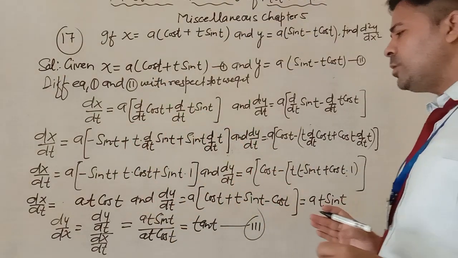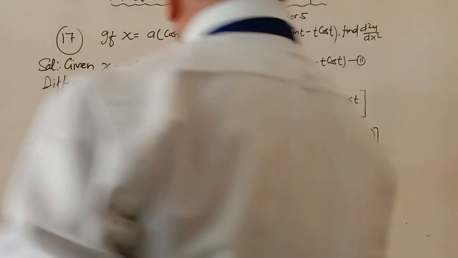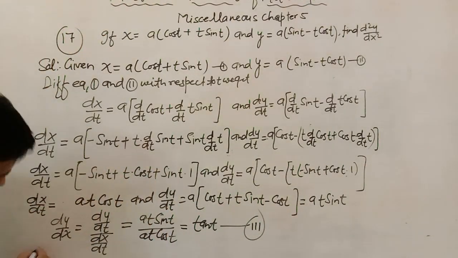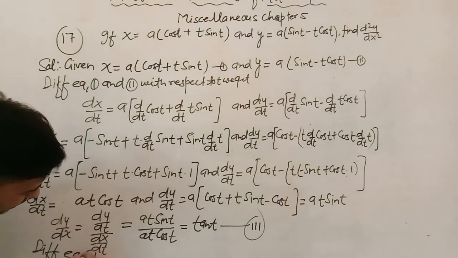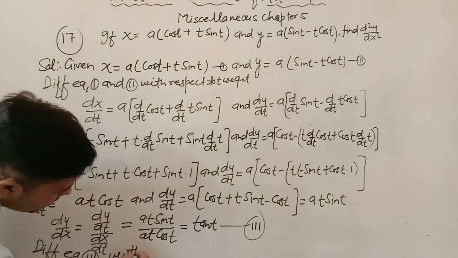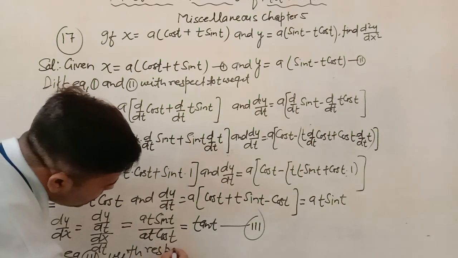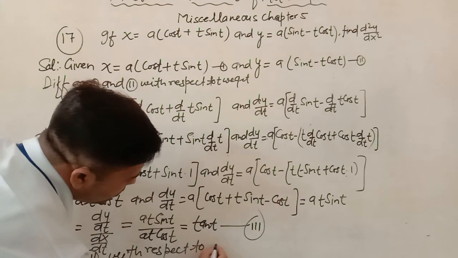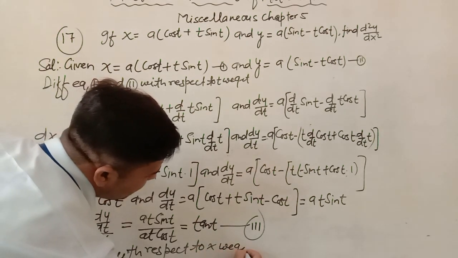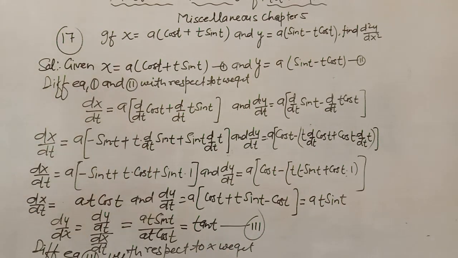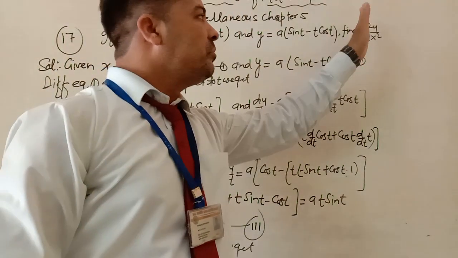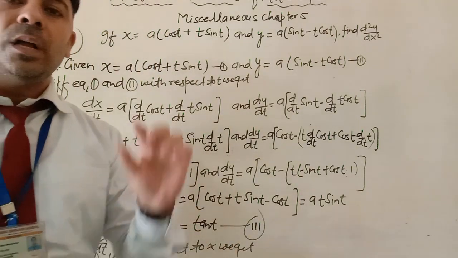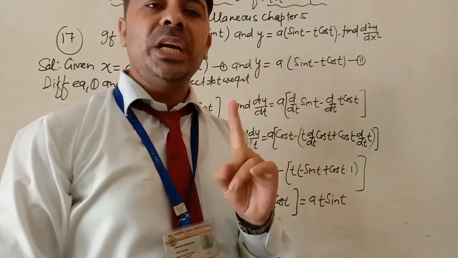So here you need to differentiate equation third with respect to x. Why do we have to differentiate with respect to x? Because we need to find out the value of d2y upon dx2.